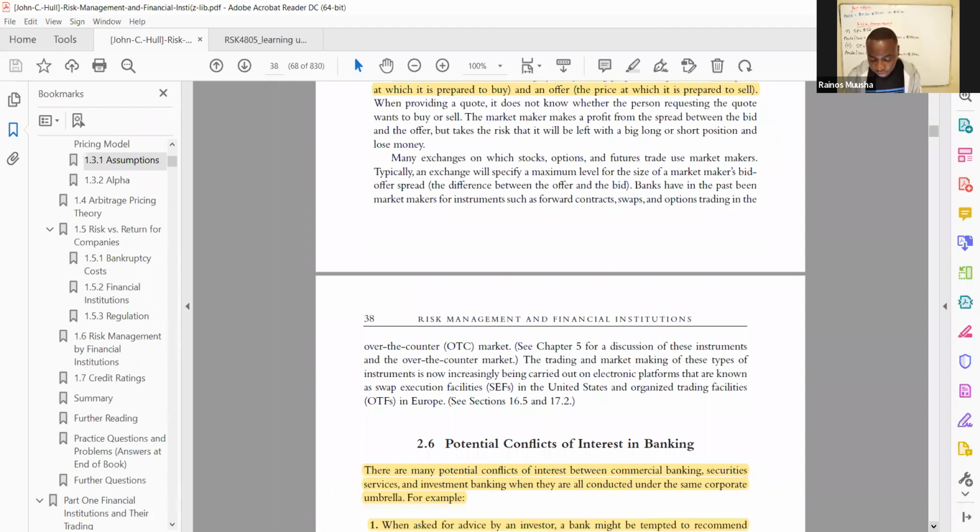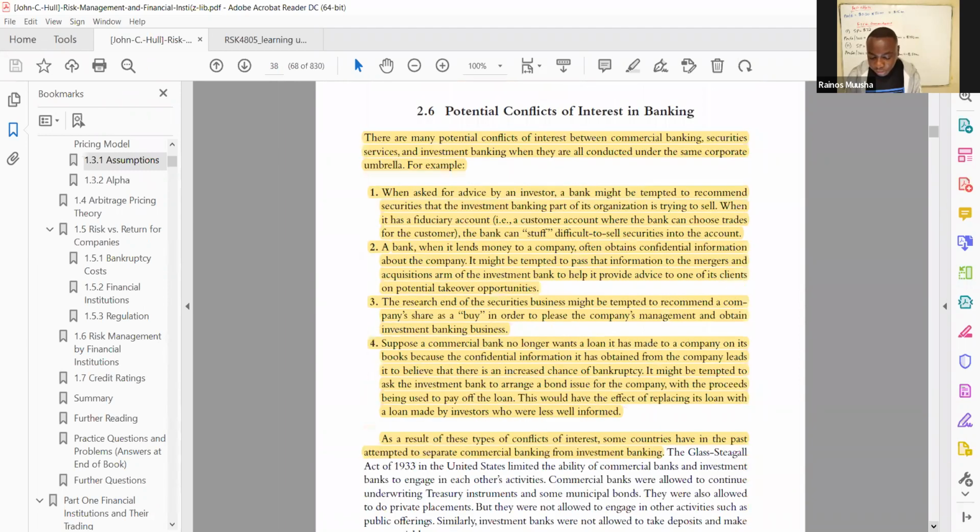On section 2.6, we look at potential conflicts of interest in banking. And here they say there are many potential conflicts of interest between commercial banking, securities services, and investment banking, when they are all conducted under the same corporate umbrella. So here they say, for example, when asked for advice by an investor, a bank might be tempted to recommend securities that the investment banking part of the organization is trying to sell.